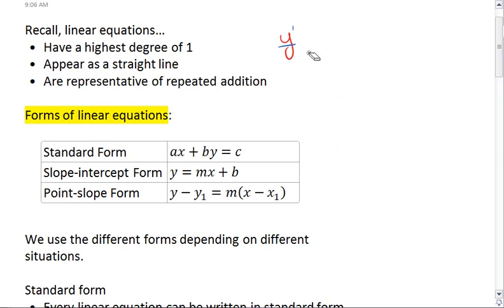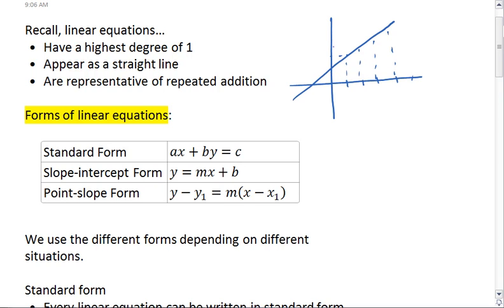Lastly, remember, linear equations are representative of repeated addition. And this is what our slope represents. Because it's a straight line, it has a constant slope, which means for every set increase in our input, we see the same increase or decrease in our output.